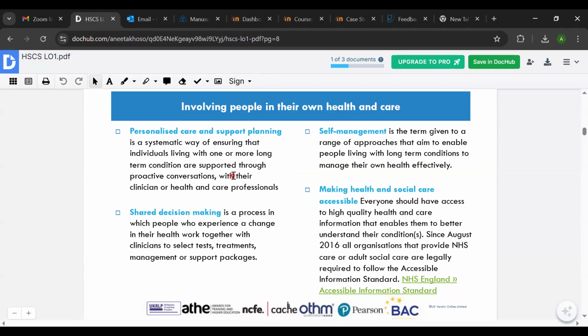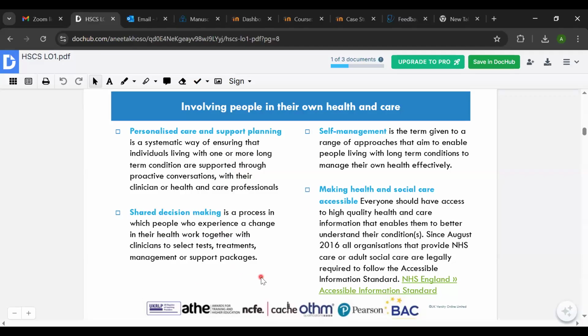There's shared decision making. So you're making decisions, but it's teamwork that's making decisions. It's the team of pharmacists, doctors, physicians, nurses together, and the team also involves the patient themselves.